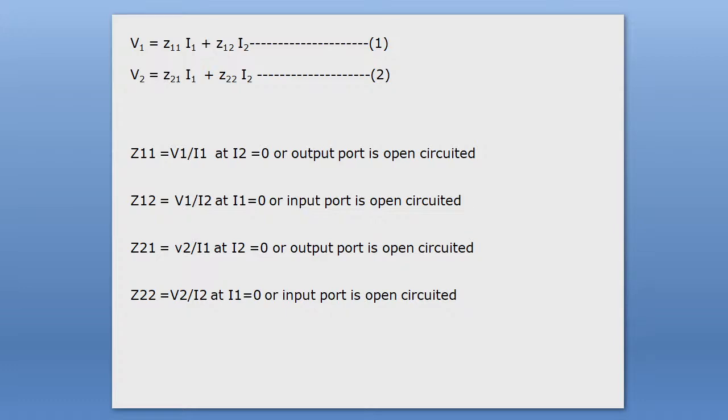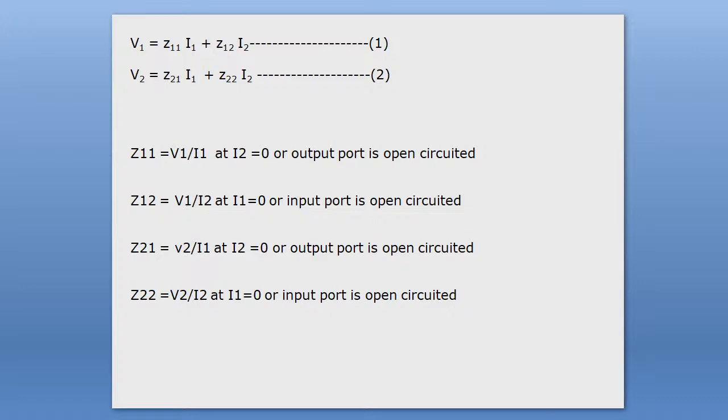You see that these parameters are actually ratios of voltage and current, maybe output voltage or input voltage, or output current or input current. So that means these parameters represent impedance values, and the unit is ohm.